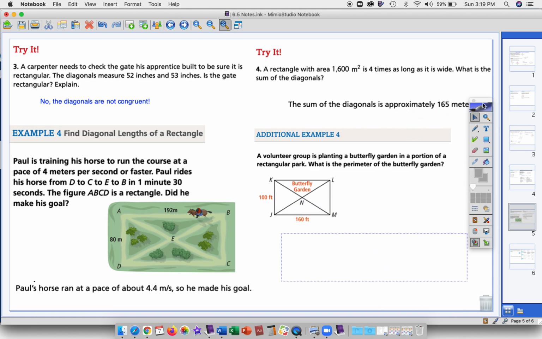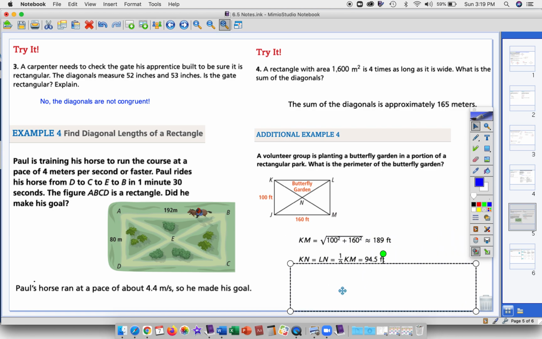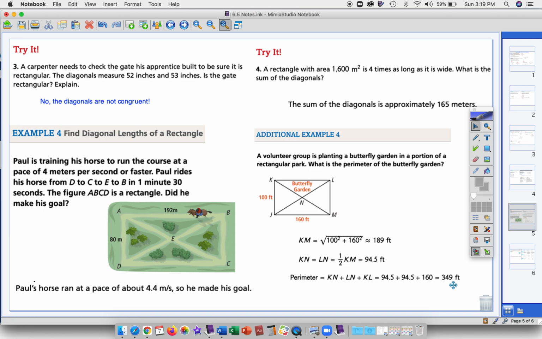Approximately 165 meters. And the perimeter of the butterfly garden, hopefully you came up with about 349 feet. So again, if you have any questions about any of these examples, please ask in class and we'll go over them.